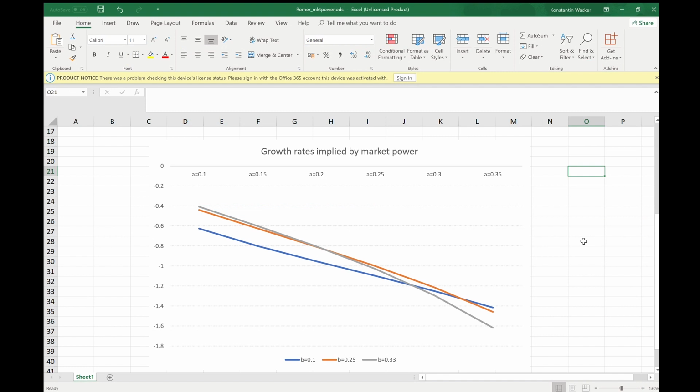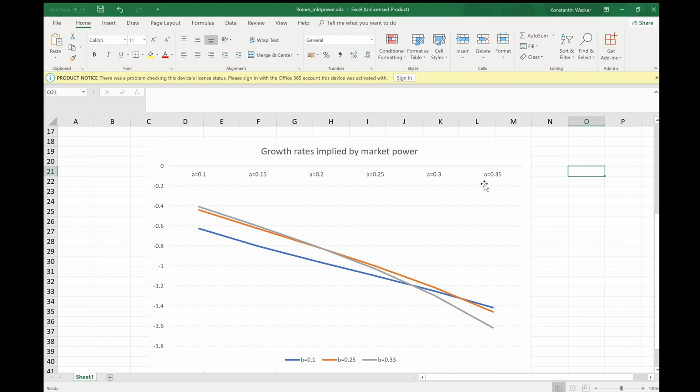So this graph shows you the implication for growth coming from this weird fraction on the right-hand side of the last equation. So A is alpha. Remember that alpha is the marginal product to human capital, the marginal product to skilled labor in the final goods sector. So moving here to the right means a higher return to human capital in the final goods sector.